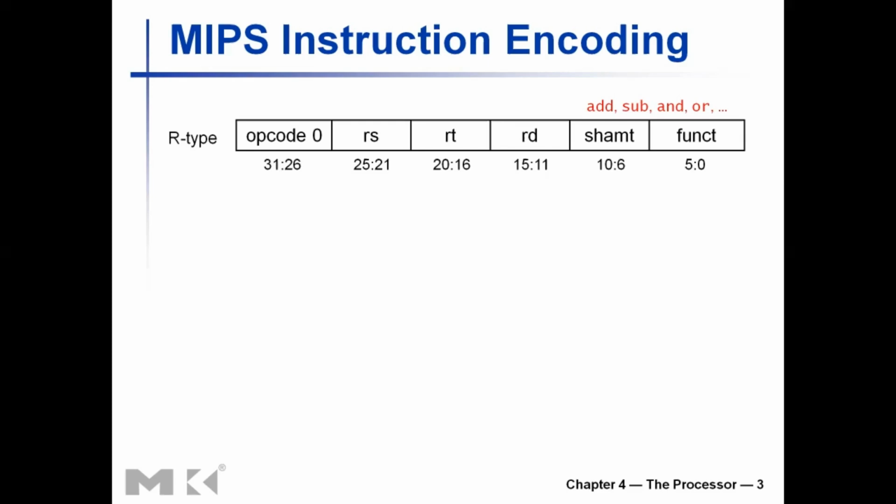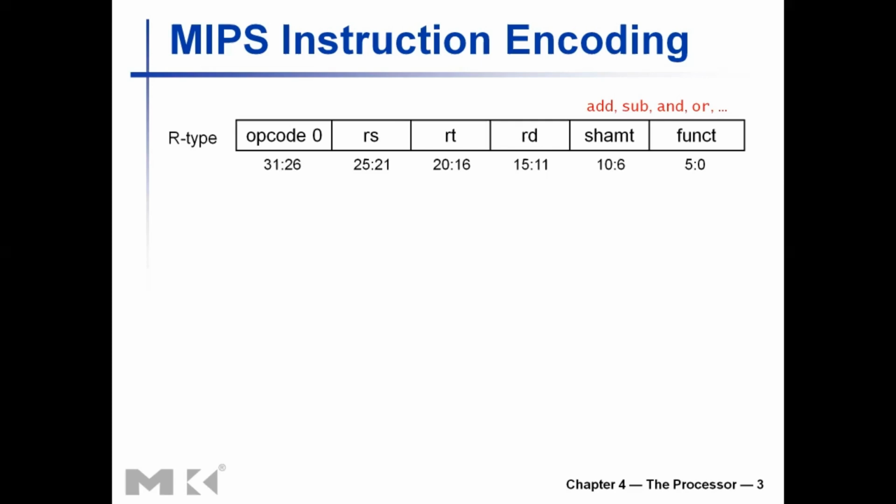Then in an R-type instruction, obviously you only have register numbers as operands. RS and RT are source registers, and RD is the destination register.